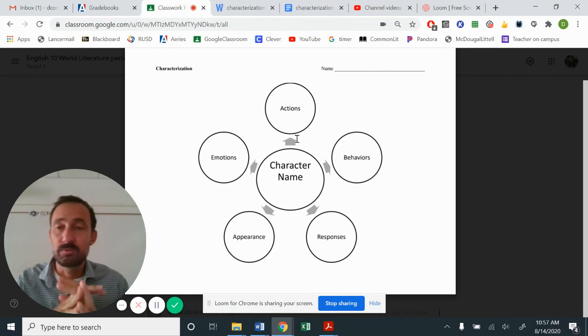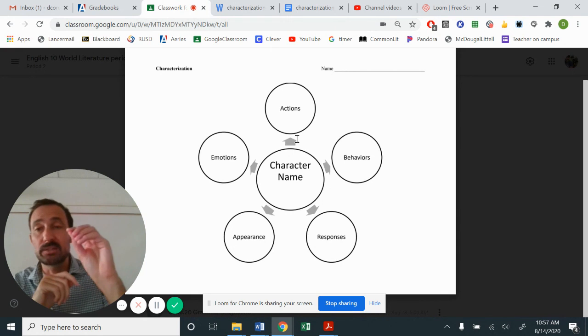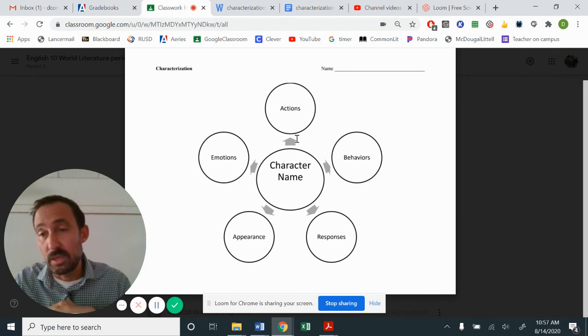So take a moment. You've read a short story, and now the assignment is to conduct this characterization chart. I would jot down at least 4 to 5 ideas for each, because the more that you have, the better it will be. And again, like I said before, about 99% of the time, we're going to come back to this chart to add textual evidence to it.